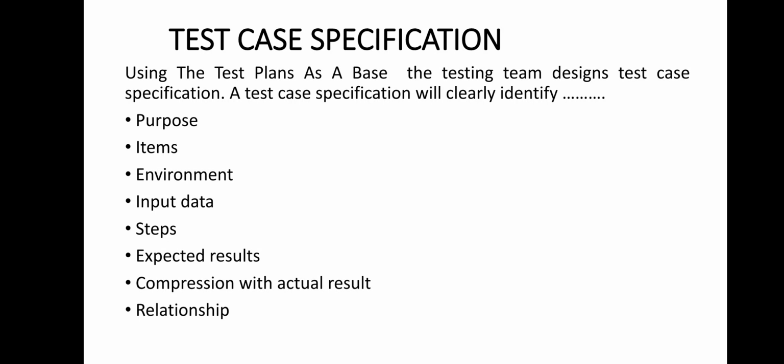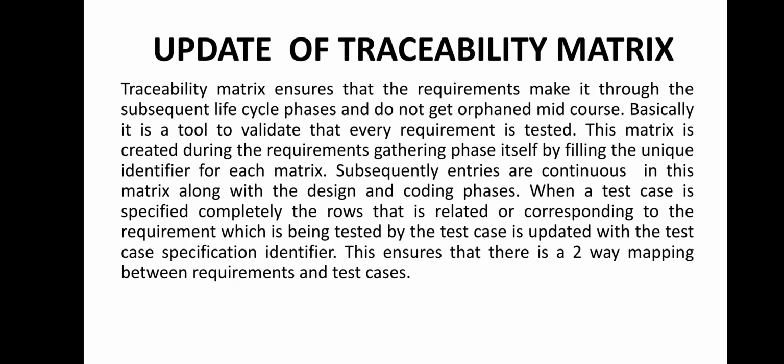The next step is update of traceability matrices. Students, traceability matrices ensure that the requirements make it through the subsequent life cycle phases and do not get orphaned mid-course. That means whatever the requirements are should not be left untouched; everything should be considered.